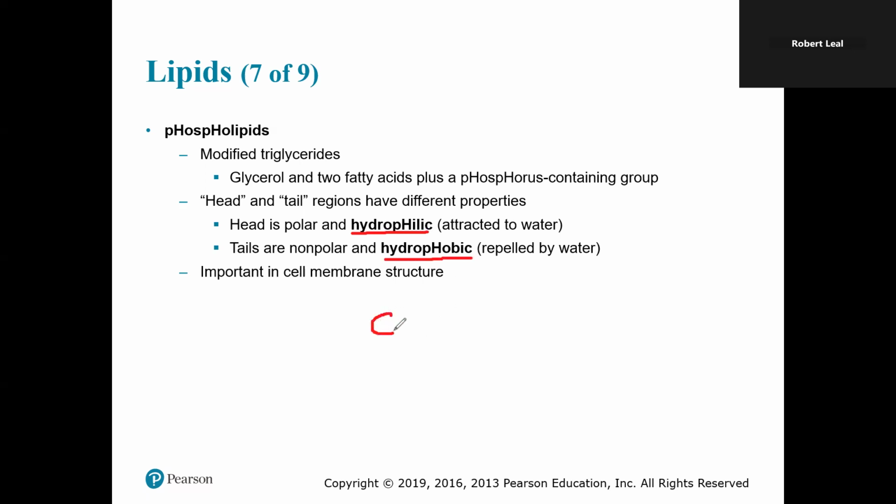When you look at a phospholipid, you're going to see the phosphate part, which they usually draw like a circle, and the lipid part, which they draw like a tail. So a head and a tail. The phosphate part is polar, so we say it's hydrophilic. And the tail portions, your lipid, are nonpolar. And things that are nonpolar are hydrophobic.